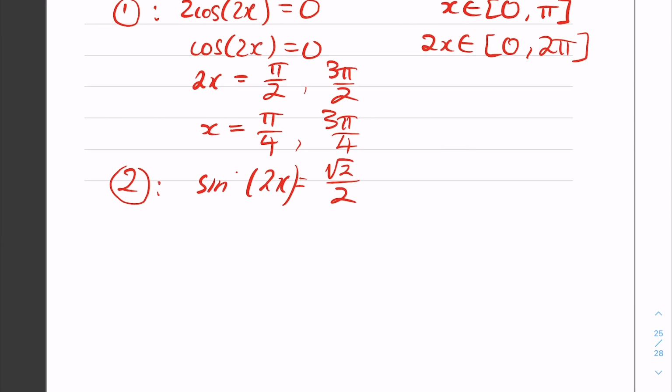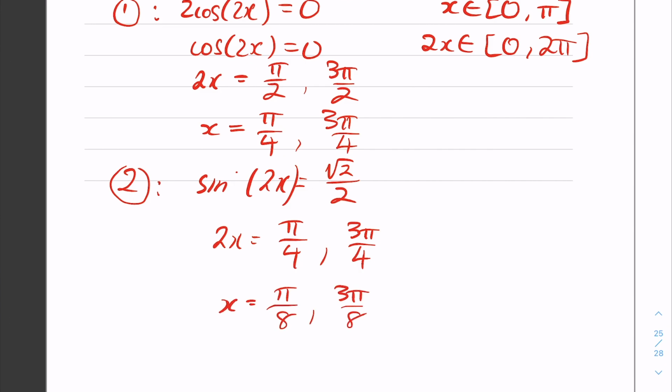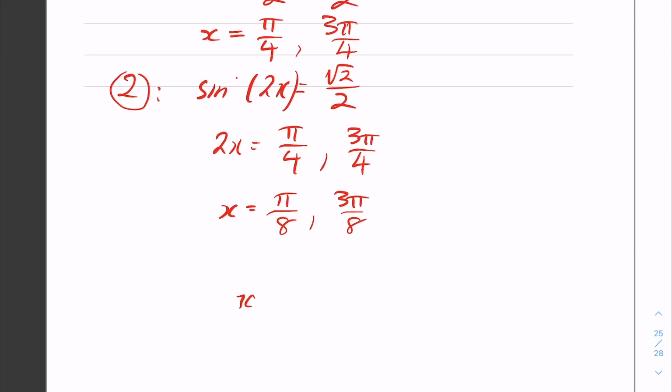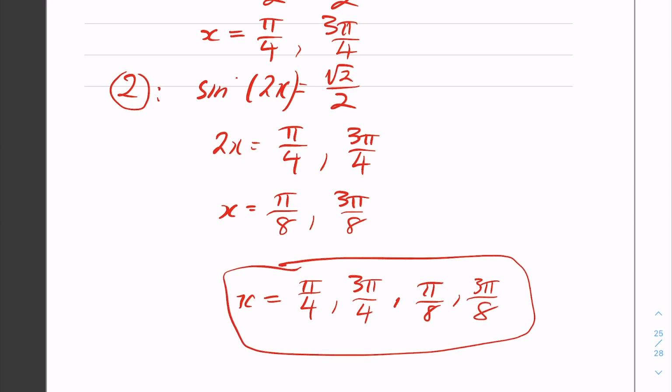Now we said it's between 0 and 2 pi. So 2x is equal to pi over 4, and the next one would be 3 pi over 4, making x pi over 8 and 3 pi over 8. Those are 4. So x was pi over 4, 3 pi over 4, pi over 8, 3 pi over 8. And those are the 4 solutions.